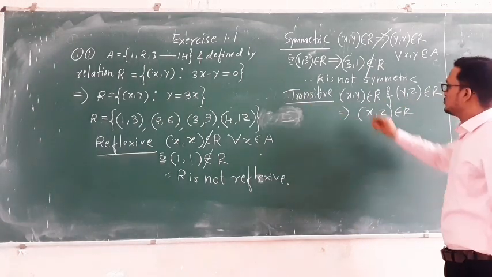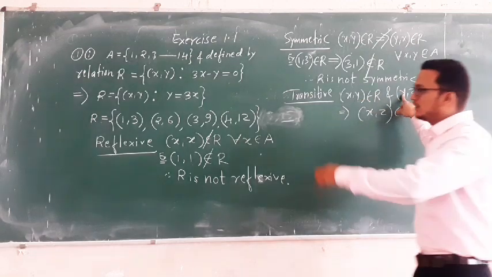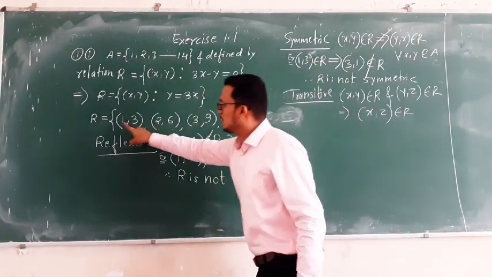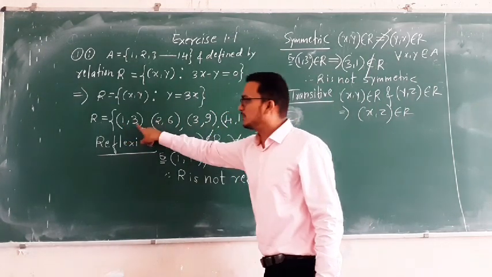From that relation R, choose the two ordered pairs where this y place must be the same. Now I think we should see this one: (1, 3) and (3, 9). Is this 3 the same in both?